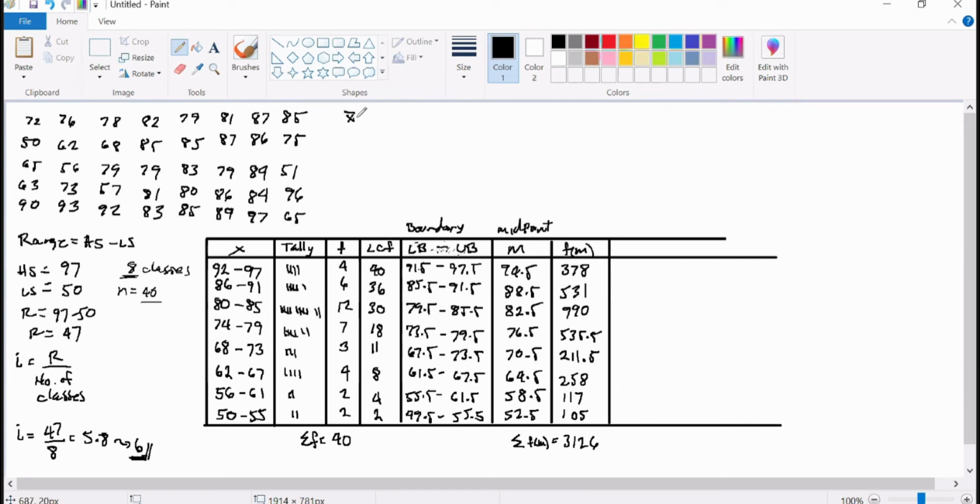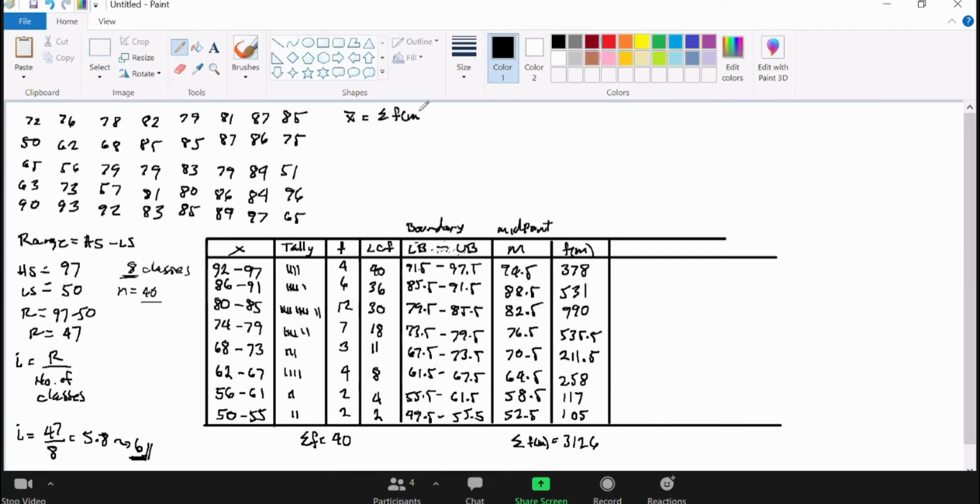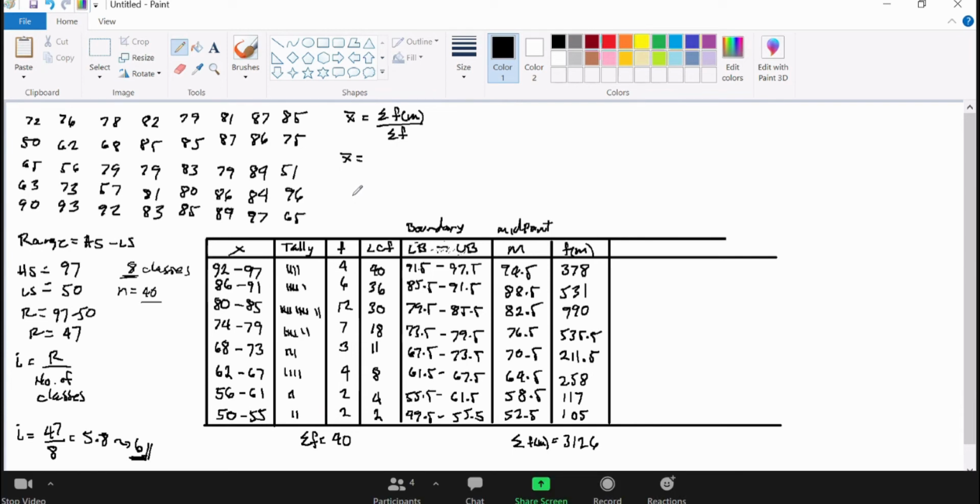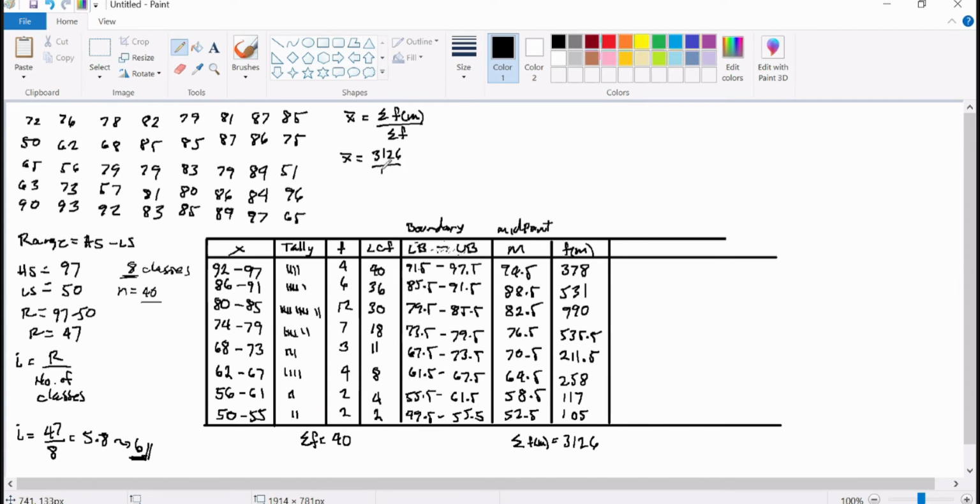For our mean, that is going to be the summation of F times M over the summation of F. That will be 3126, divided by 40.